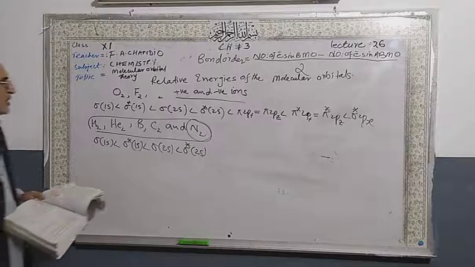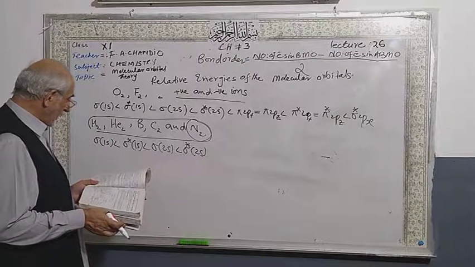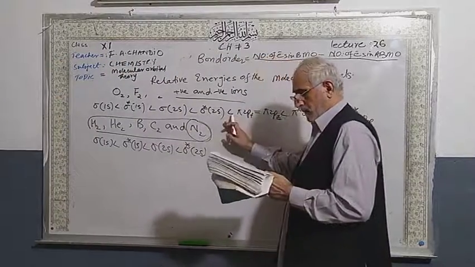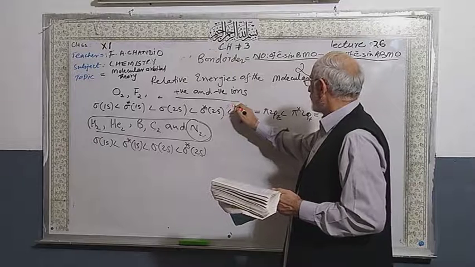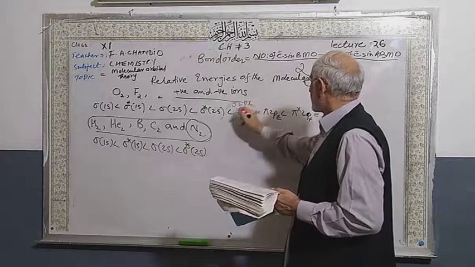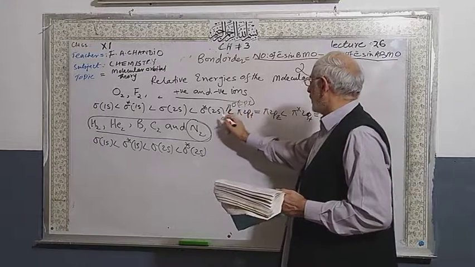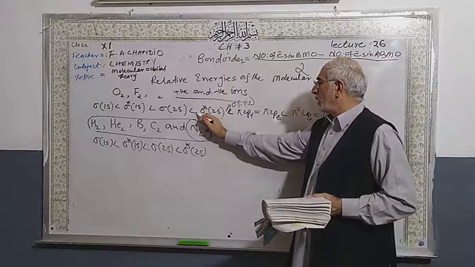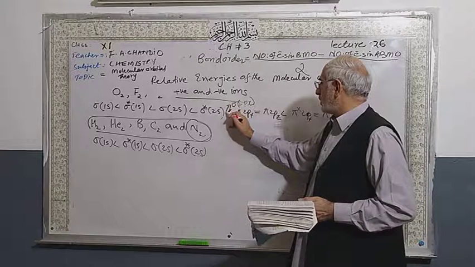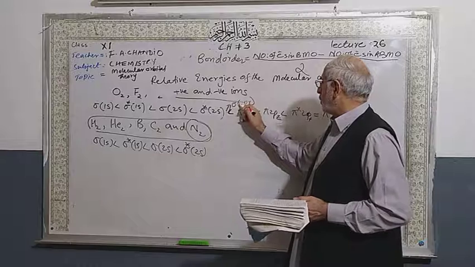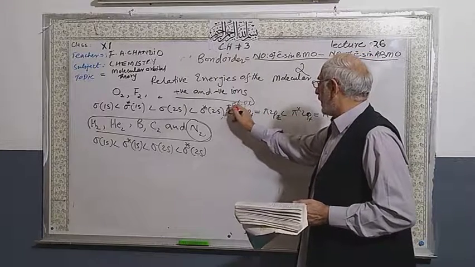But now in this case, after sigma star 2s, there is a sigma 2px, which is less than pi 2py and pi 2pz here.